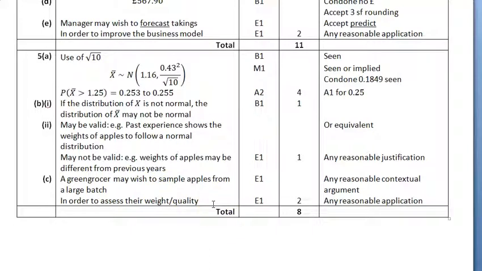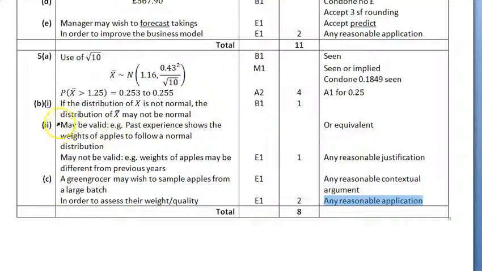I'm not really convinced how well linked that is to the rest of the question. What they're saying is any reasonable contextual argument and any reasonable application. But if I were you, I'd try to actually talk about the things you've worked out and discussed before in the question, rather than go off on a tangent a bit like this.